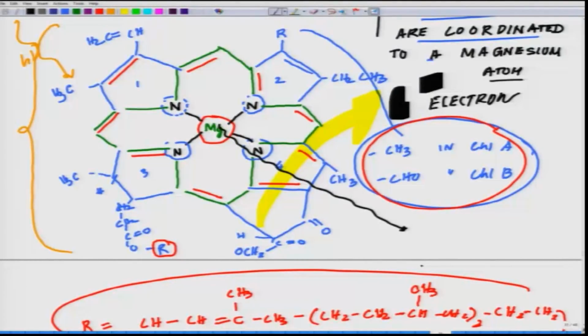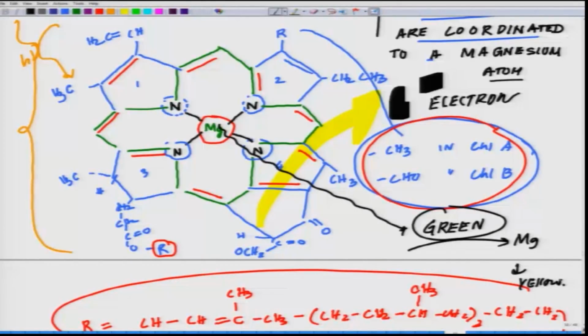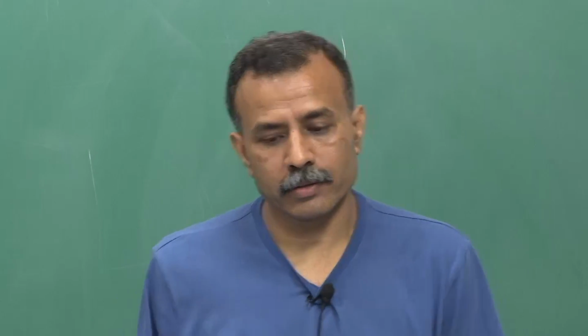Now, having said this, a very similar molecule: the chlorophyll is green, but if you remove the magnesium, it becomes yellow. But if you replace this magnesium with iron, then this is the famous molecule, hemoglobin, which is red.